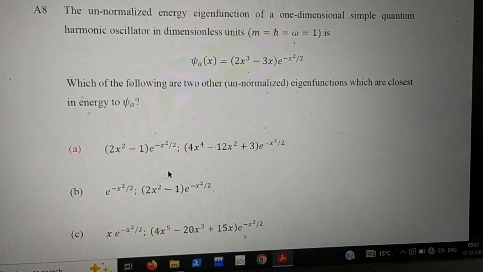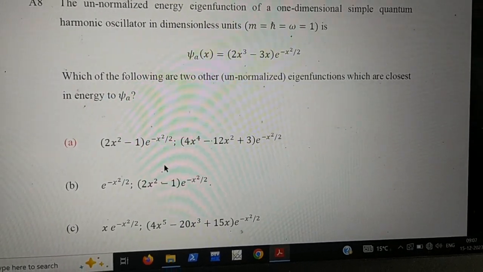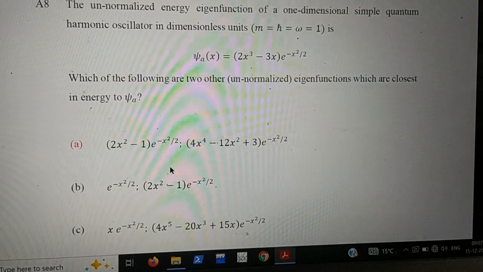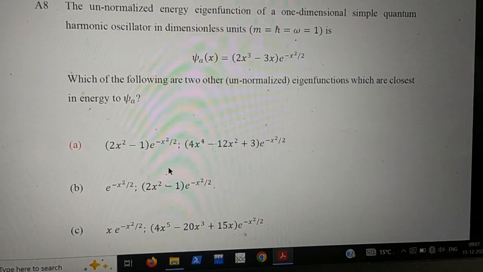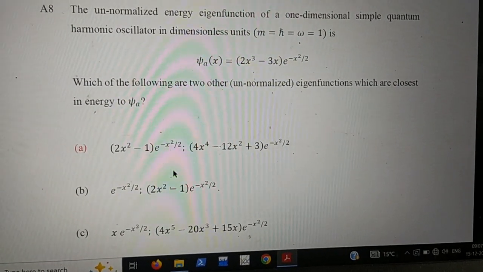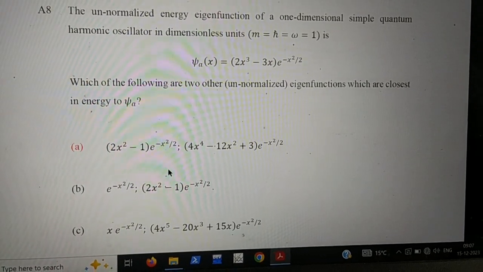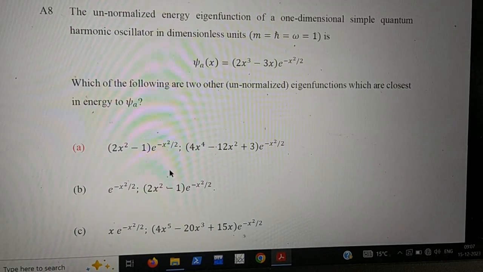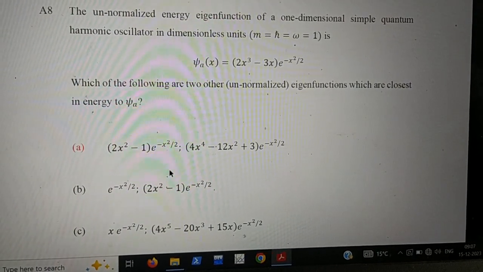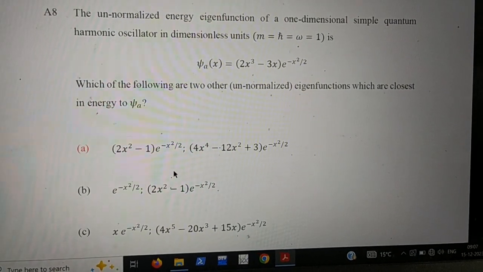That means option A. You can see that 2x square minus 1 is actually a quadratic equation, and 4x to the power 4 is a fourth power equation. This should be the answer. This should be the closest, the energy states of the second level and the fourth level.